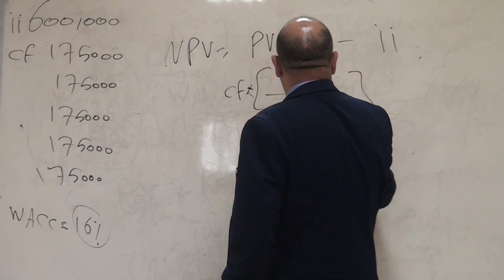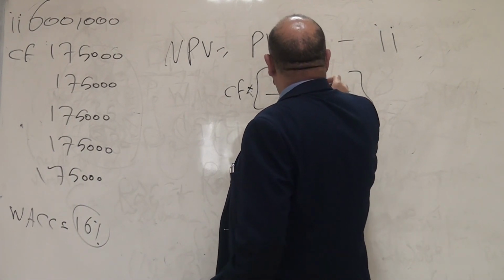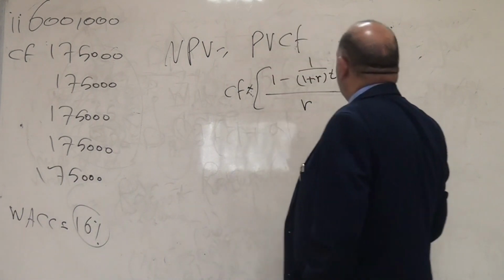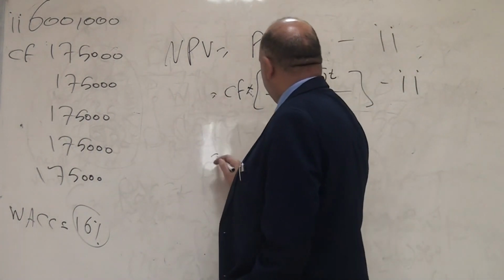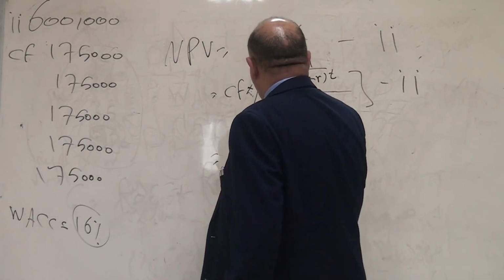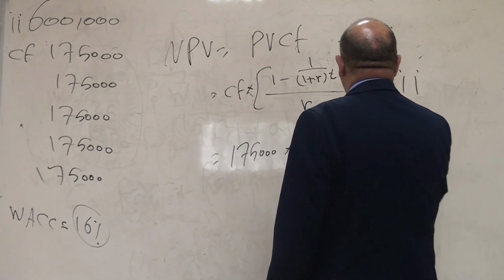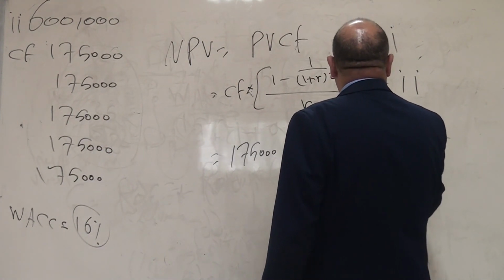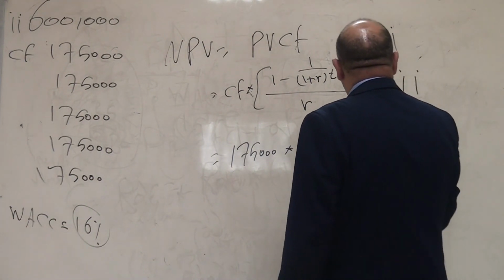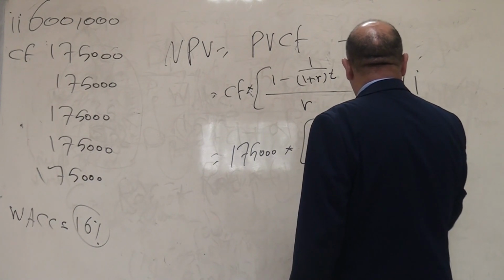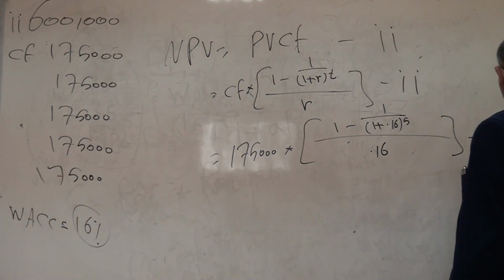I appreciate it if you still remember the equation, which is 1 minus 1 divided by 1 plus r power t, divided by r, all minus the initial: 175,000 multiplied by 1 minus 1 divided by 1.16 power 5, divided by 0.16, all minus the initial 600,000.